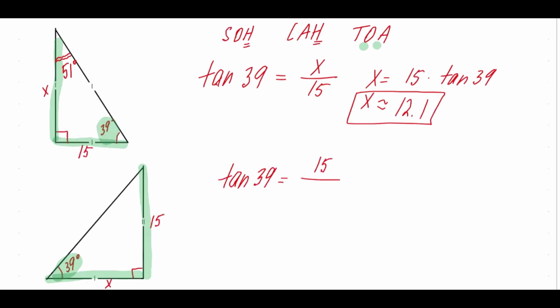So you can complete it to a proportion. Here I'm going to multiply 15 times 1 and then divide by tangent of 39. Let me write it down: 15 divided by tangent of 39. It should be around 18.5.